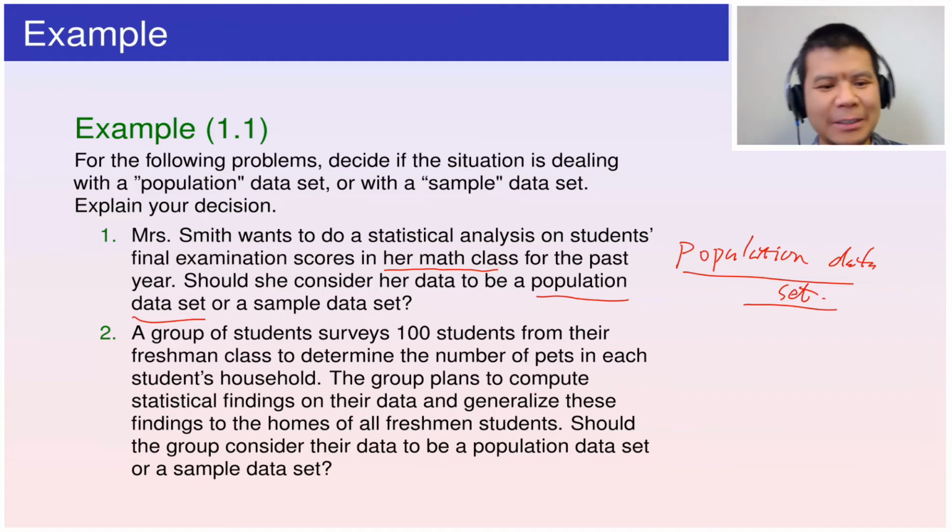Second, let's consider this one. A group of students surveys 100 students from their freshman class to determine the number of pets in each student's household. The group plans to compute statistical findings on their data and generalize these findings to the homes of all freshman students.